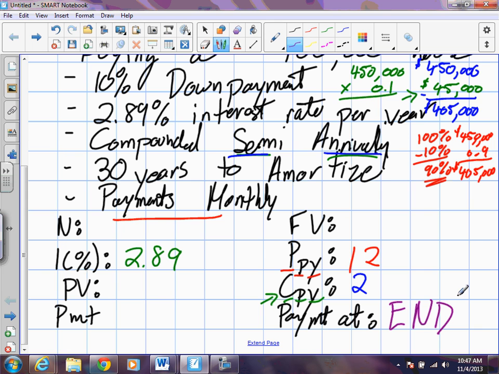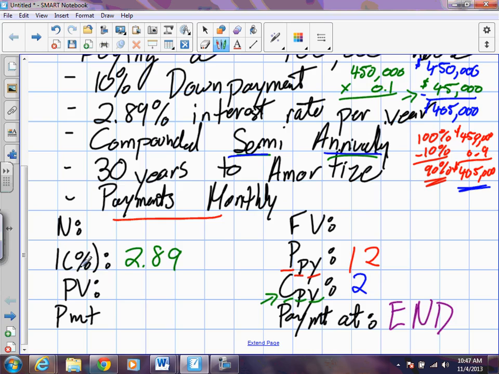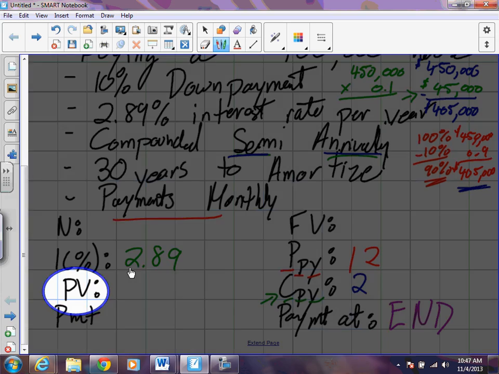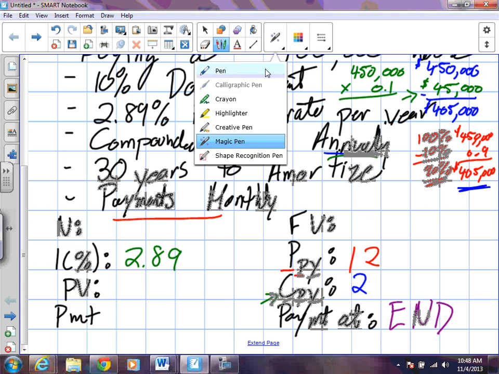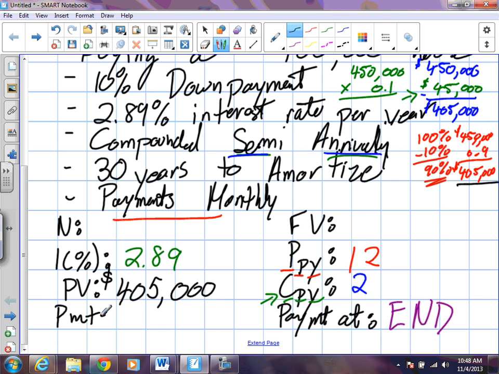So, the amount of the mortgage, which is $405,000, is our present value. That's how much of a loan we have to take out right now. That's how much money they're giving me right now so that I can purchase my home. What we want to figure out is what our payments are going to be.